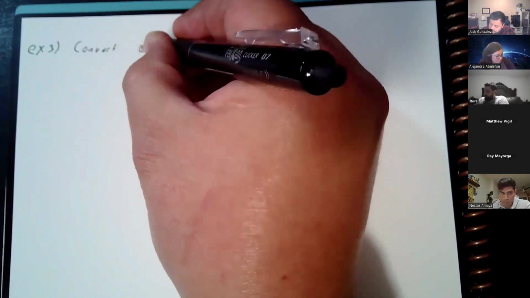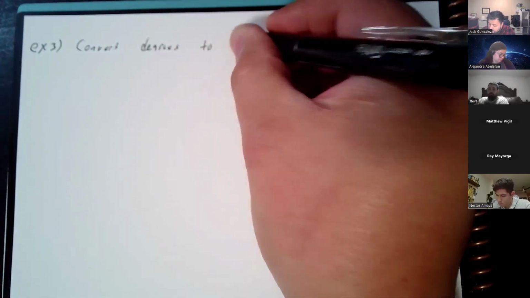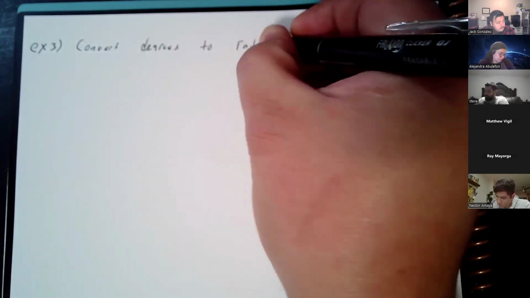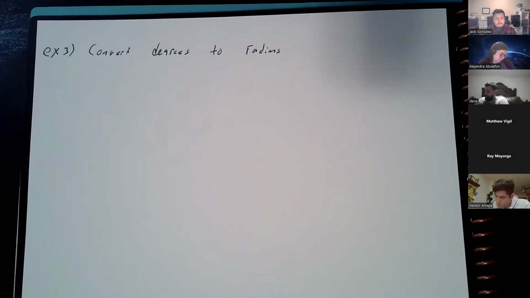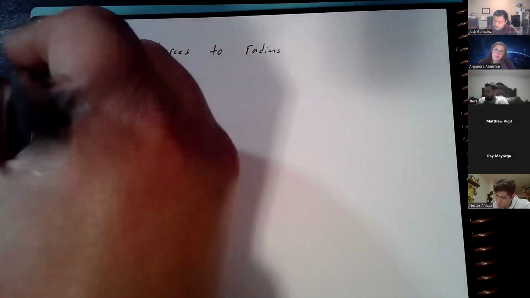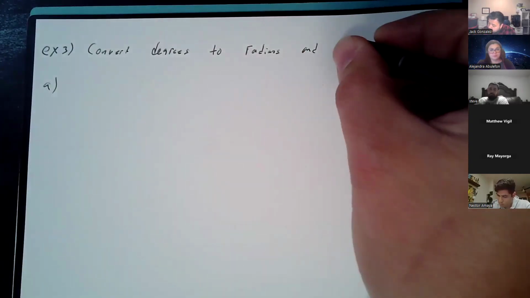Convert degrees to radians. So part A. And radians to degrees.